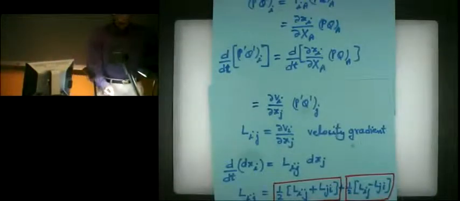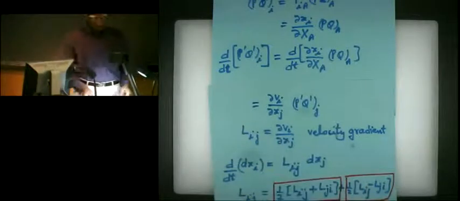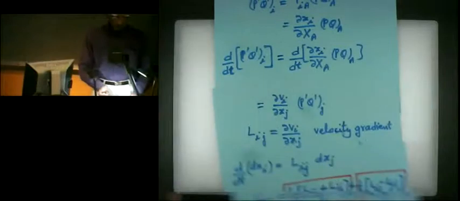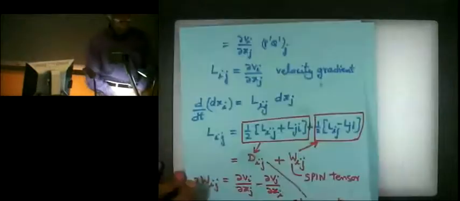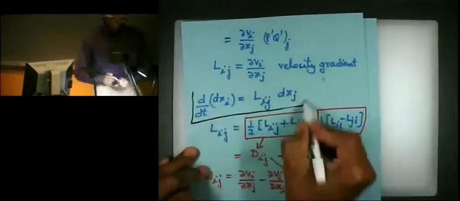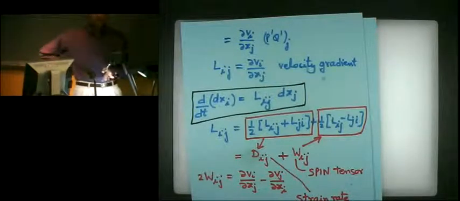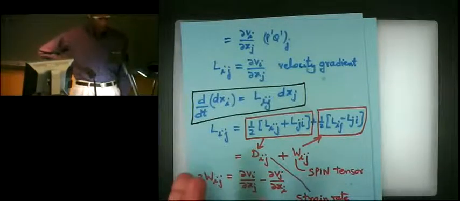Delta Vi over delta Xj is the velocity gradient, or we said d over dt of dxi is Lij dxj, where Lij is the velocity gradient with respect to present coordinates, or coordinates in the present configuration. You have this in your notes, because this is from last time.